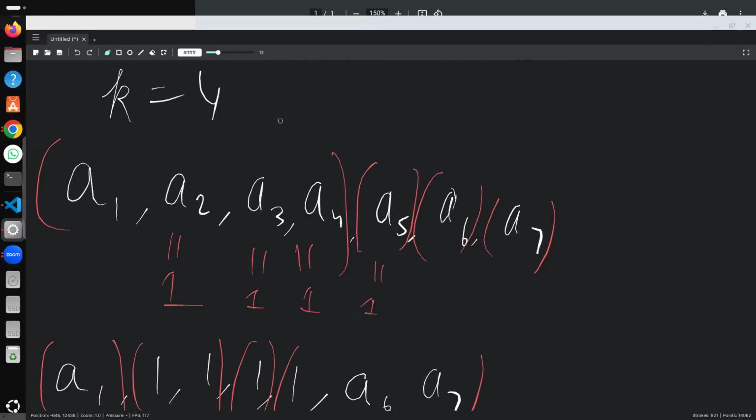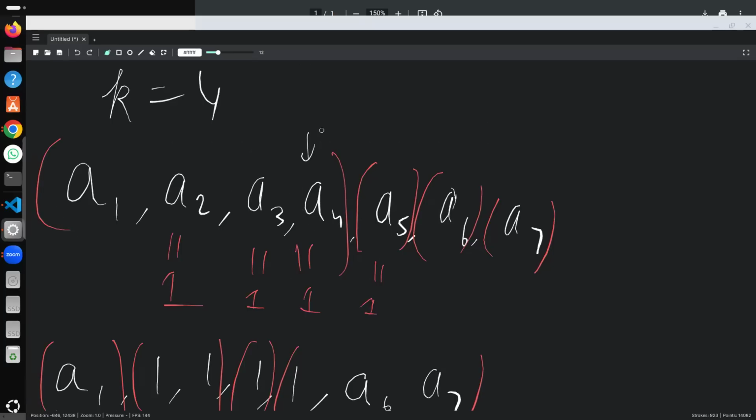But in that case, we can make the answer 2, because we can take a1, a2, a3 as a segment. So the answer will be 2. And if one of them is not equal to 1, let's say a4 is not equal to 1, then we can take the segment as a1 to a3 and then a4. So that's why the answer will be either only 1 or 2.